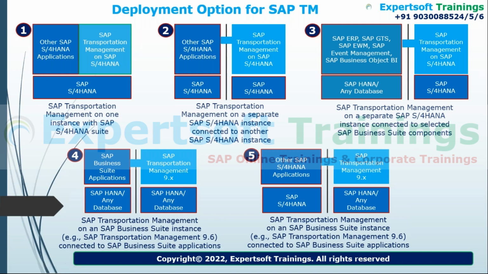It is a separate hardware or a separate module which we generally use in the form of PI or PO, the process integration module. Through this process integration module, data is transferred from the source to the receiver and from the receiver to the source. So they cannot use the same S/4HANA; they have to be separated. That's why it is called the sidecar version. You will have two different servers, two different instances, two different clients when data is sent and received accordingly.